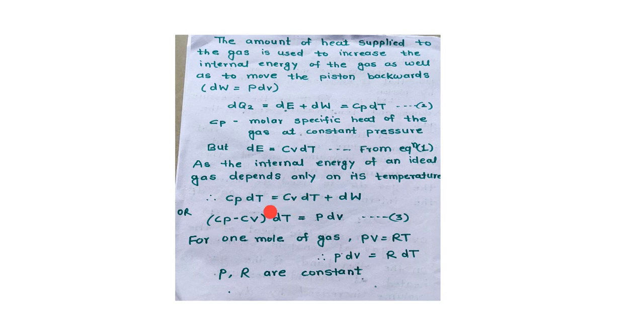By solving this equation, (Cp - Cv) dT = P dV, since dW = P dV. For 1 mole of gas, you know the ideal gas equation PV = RT. Differentiating this equation, we get P dV = R dT, where P and R are constants.